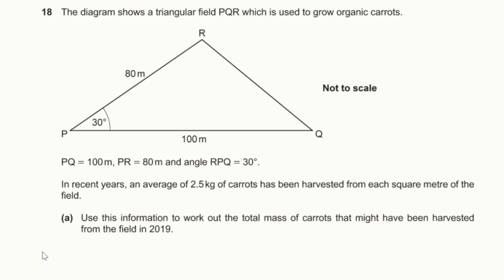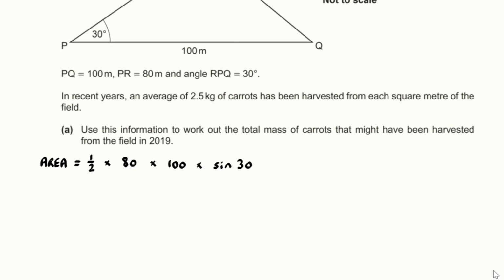First of all, we need to find the area. The area of the field is 1/2 times 80 times 100 times the sine of 30.